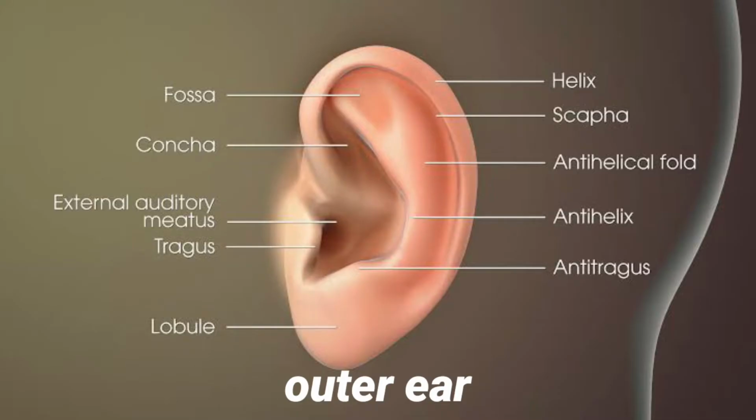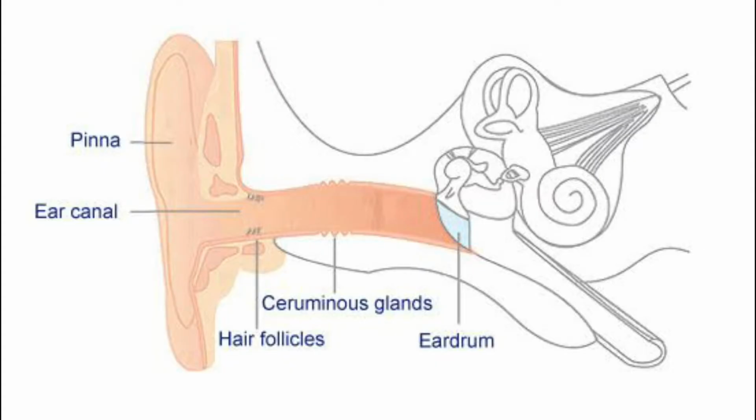Let's look at the outer ear. The outer ear is the external portion of the ear and includes the fleshy visible pinna, the ear canal, and the outer layer of the eardrum.